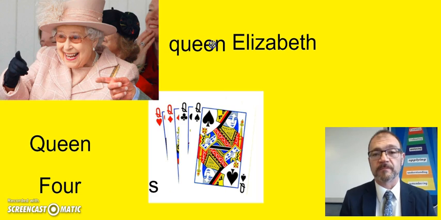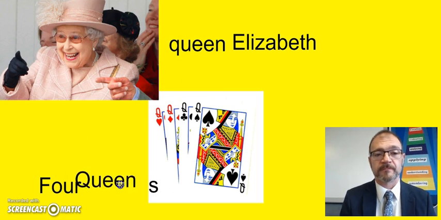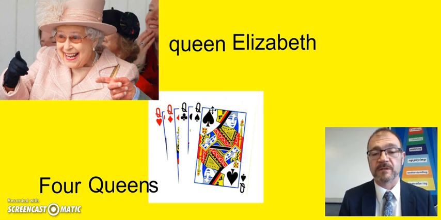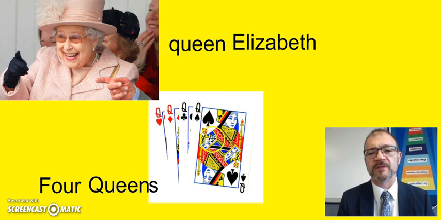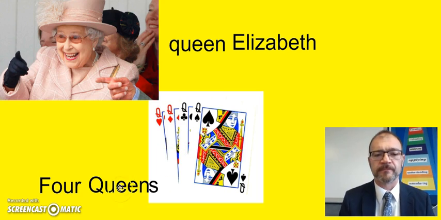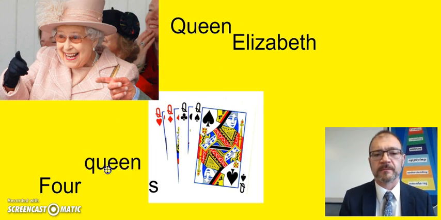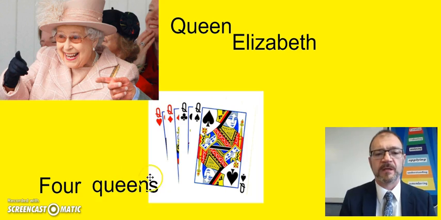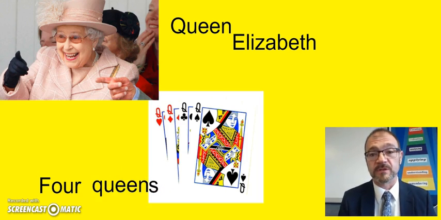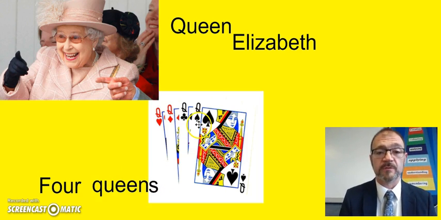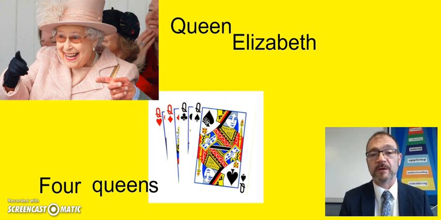This would be wrong, because each of these queens is just one of millions of queens in decks of cards all over the world. You don't think of them as having a unique identity of their own. They aren't unique. There are four of them just in any deck of cards. And we don't know which one is being talked about, so they're all being lumped in together, and they're not being spoken about or written about as though they were special.